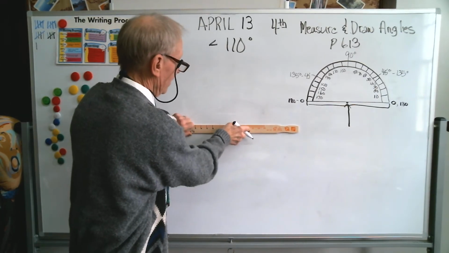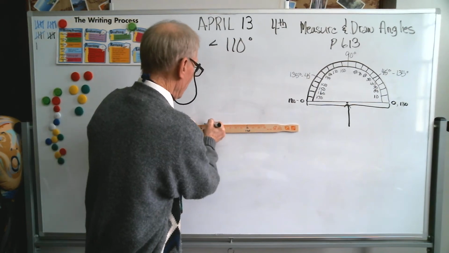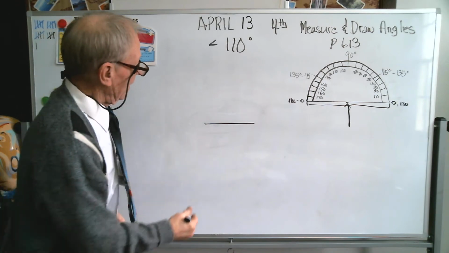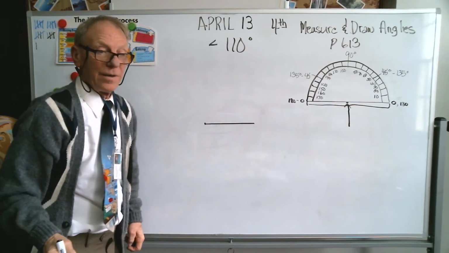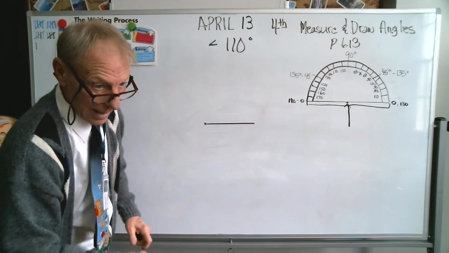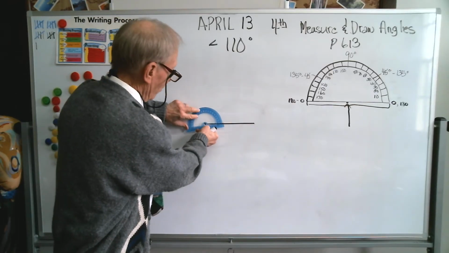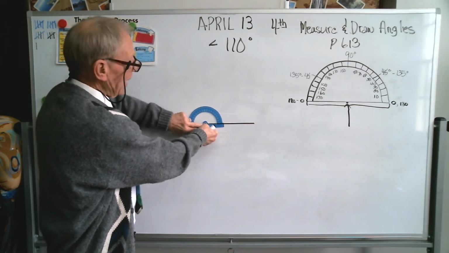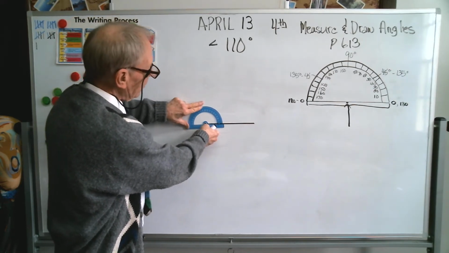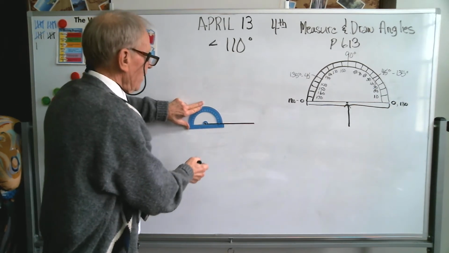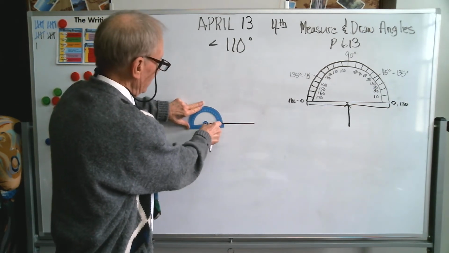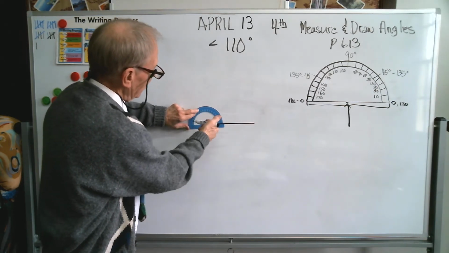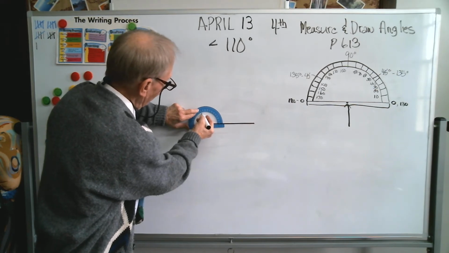Make sure you have a base to your angle. This is going to be the vertex where your angle is going to meet. You're going to put your protractor center dot right on the vertex, and then we're going to read around the scale to 110 degrees. So we go, there's 90, there's 100, there's 110, right there.